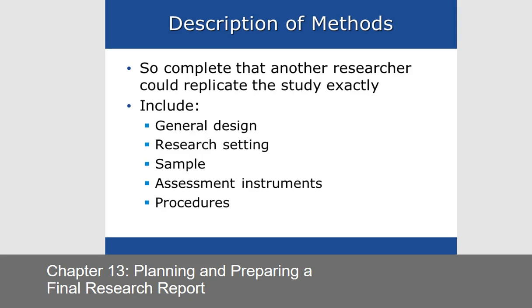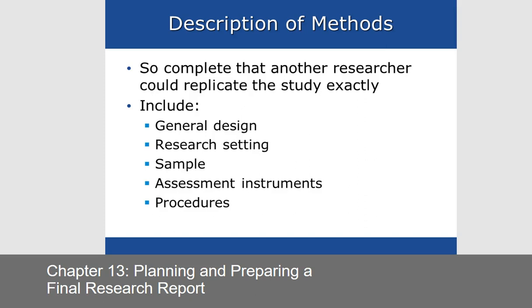Description of the methods. So the methods section, you want to make sure that anyone who reads your study could then go and replicate your study. So it needs to include the type of design, the setting, the sample, the instruments, and the procedures. If you look again on D2L on your parts of your APA style paper, you'll see that I've asked you to have a method section.